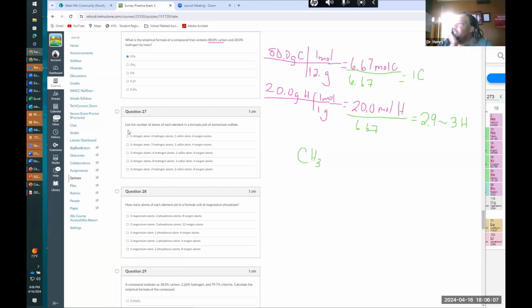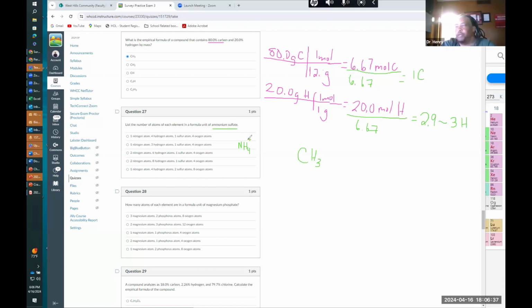Okay, so let's see. It says list the number of atoms for each of the elements in the formula ammonium sulfate. So we want the chemical formula for ammonium sulfate. Is it NH4? Yes, and we know it has a plus charge.